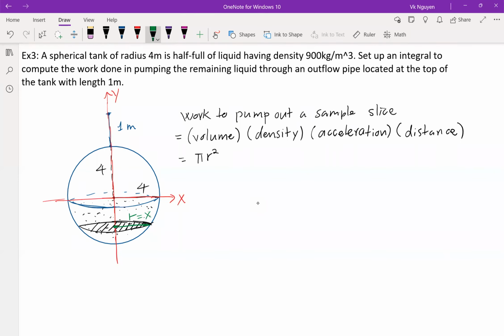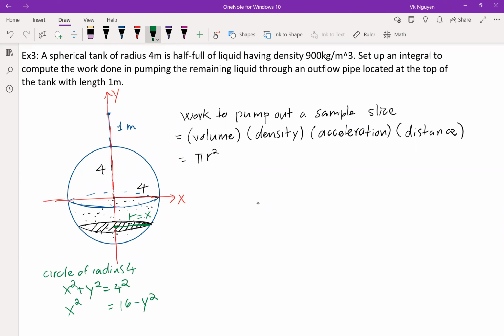We can figure out the radius because if you look at this, it's a circle of radius 4 centered at the origin, x squared plus y squared equals 4 squared. So we know that x squared is 16 minus y squared.